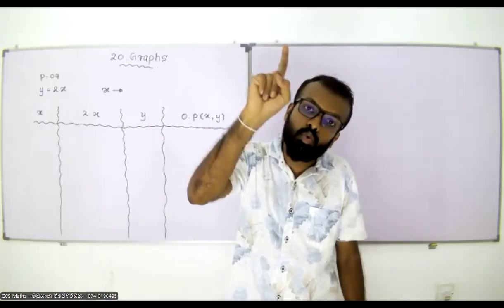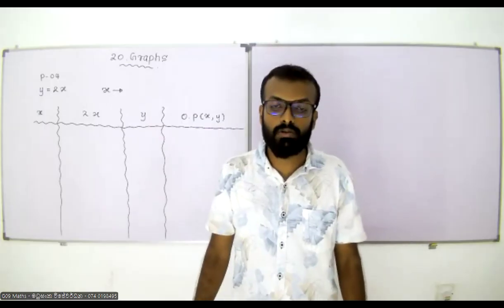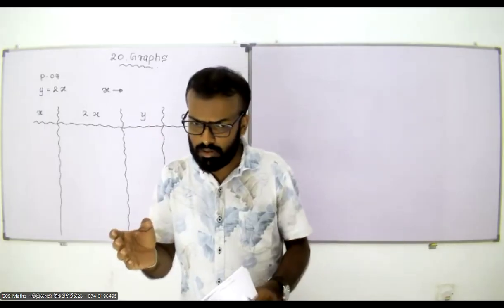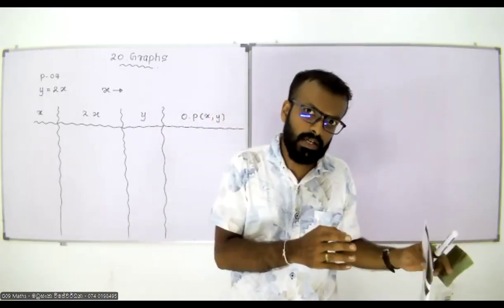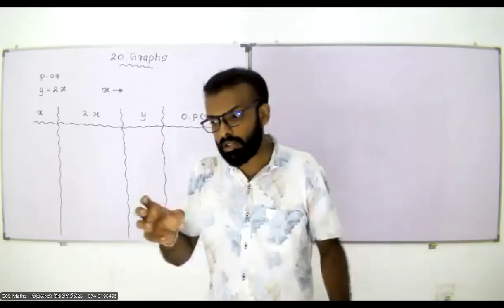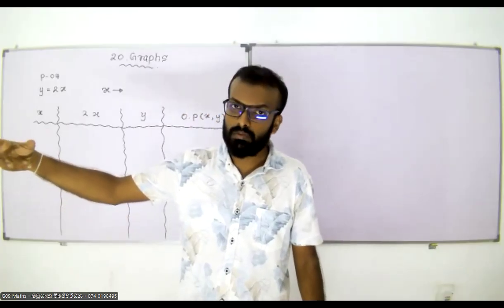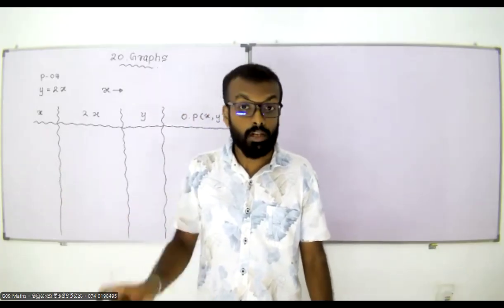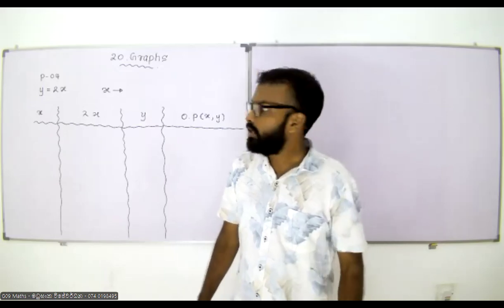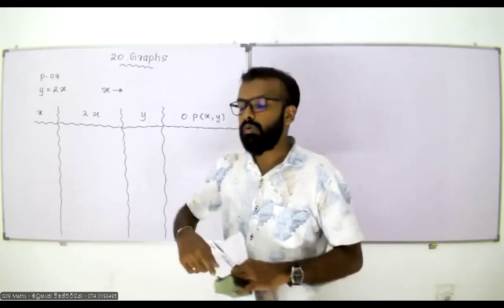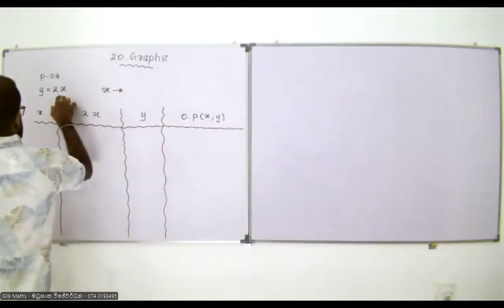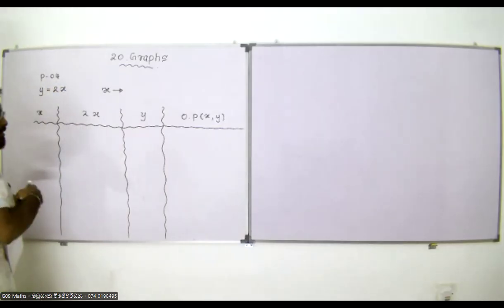So sometimes you have to decide the x values range. What values do I take to the left-hand side, the minus values, and the positive side of the x values, including 0?